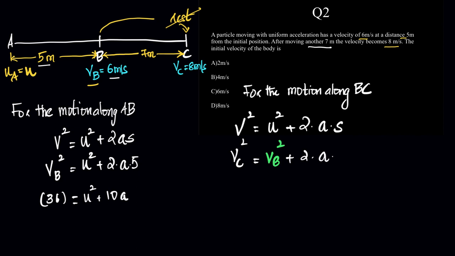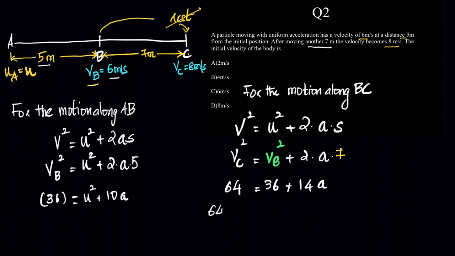S would be the distance between B and C, which is 7 meters. So this will give us the equation vc square, which is 64, is equal to vb square, which is 36, plus 2 into 7 is 14, 14a.